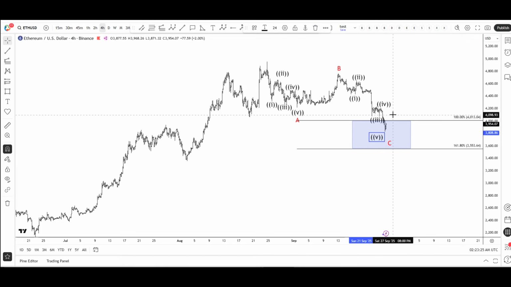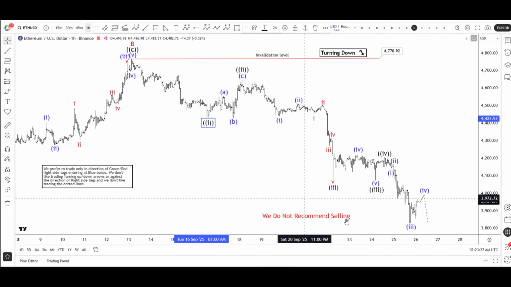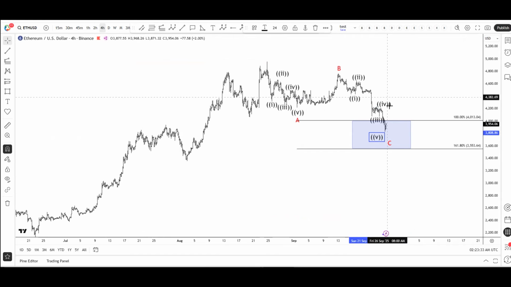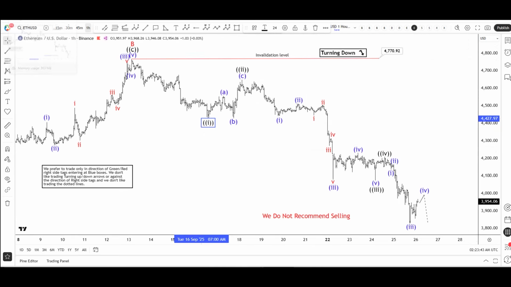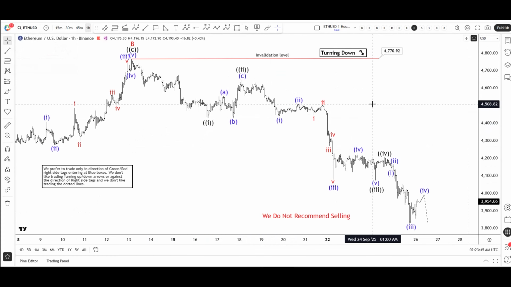For now we don't have a bigger rally, so there is still a chance for extension to the downside. But the most important thing is that any extension should not be allowed to reach 1.618, because if it does, this can potentially become a bigger pullback. All right, so that is what we're looking for in Ethereum.